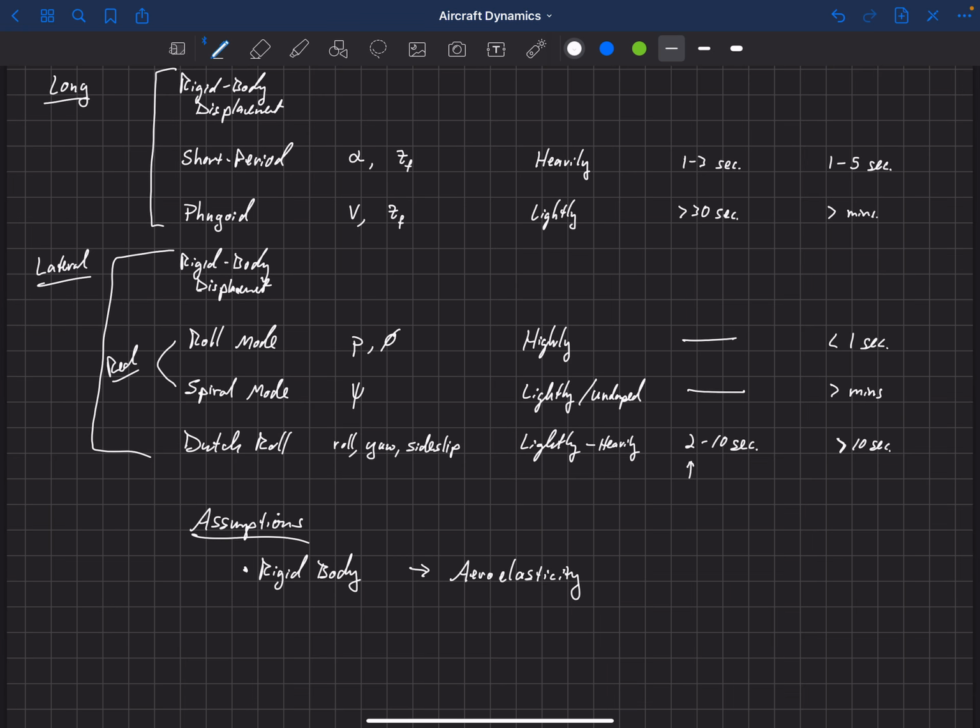Now, there's another thing in aeroelasticity that we need to be aware of, and that is the frequencies of that elastic dynamic system that is the structure of the aircraft. If you think back to your statics and dynamics courses, for a simple cantilevered beam, if you deflect it down and then let go, it's going to vibrate at a certain frequency.